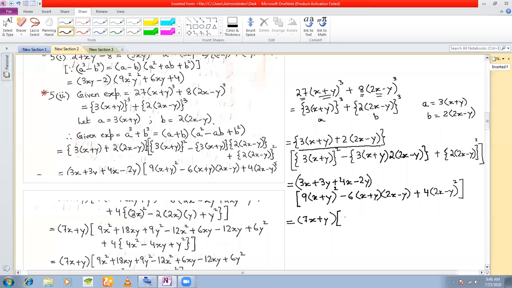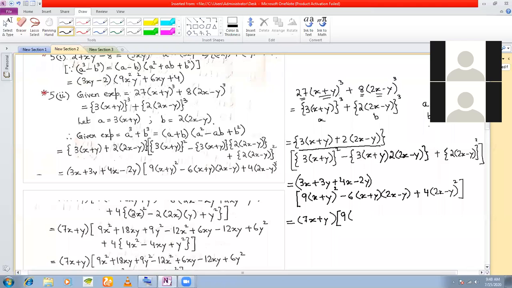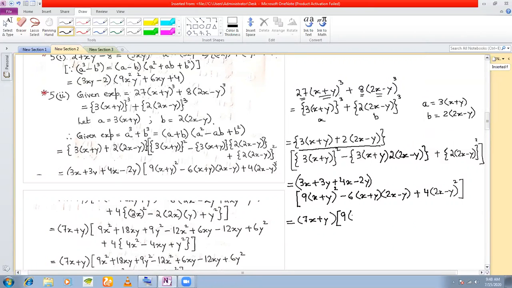Okay, and for the second part you have 9 times x plus y whole square, x plus y whole square will be x square plus 2xy plus y square, expanding by the a plus b whole square formula, minus 6. Now you multiply these two, you get x into 2x, 2x square, minus xy, plus 2xy, minus y square.